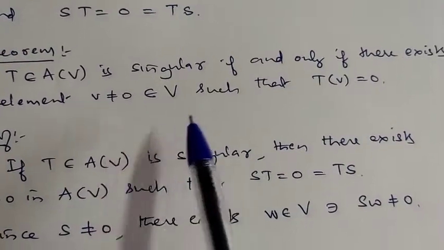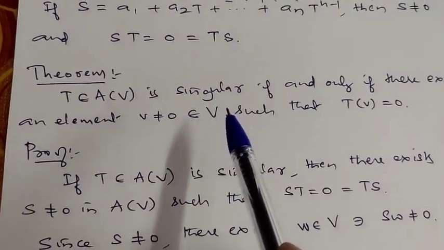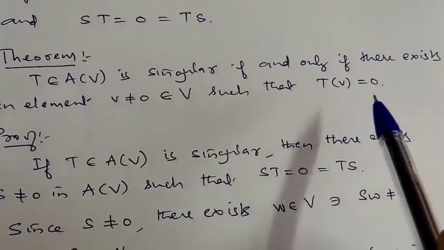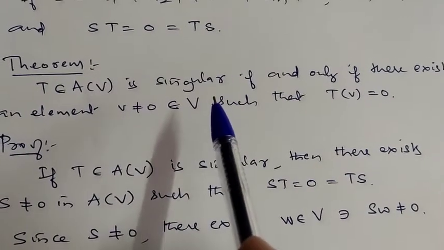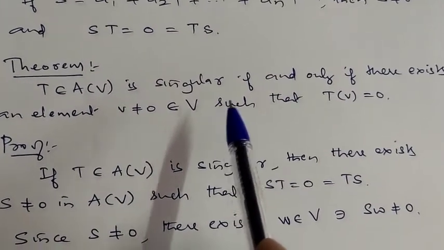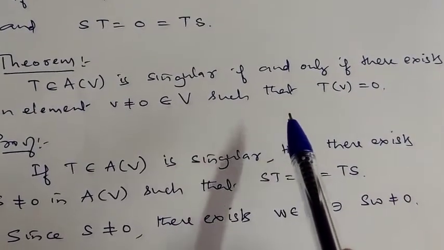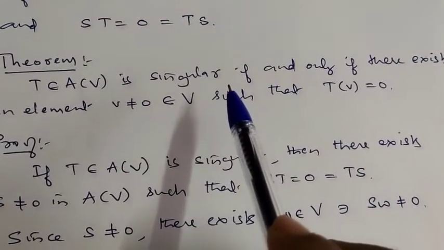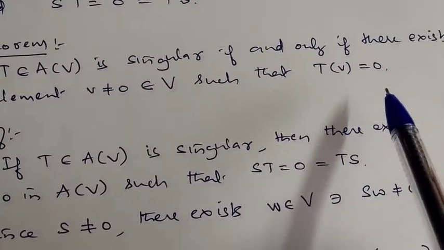V is a non-zero vector, T of V is a 0 vector. But a regular linear transformation always transforms a non-zero vector to a non-zero vector. We have seen that if V is not equal to 0, then T of V is certainly not equal to 0. But for a singular transformation, although V is not 0, T of V may be 0.